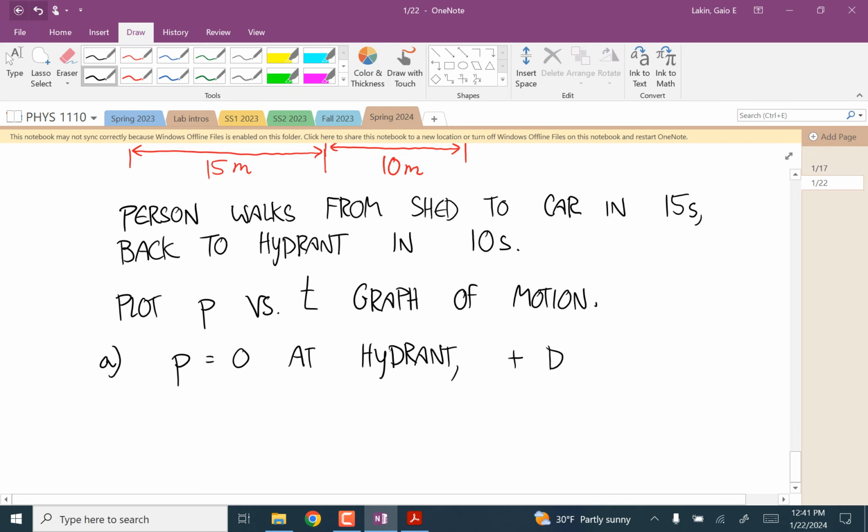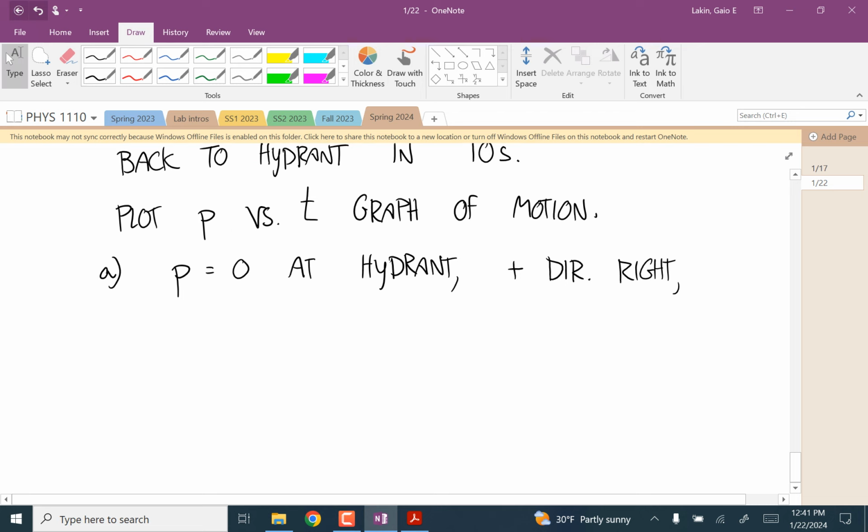The positive direction to the right. And time equals 0, the instant we start the stopwatch running, is at the start of the motion.